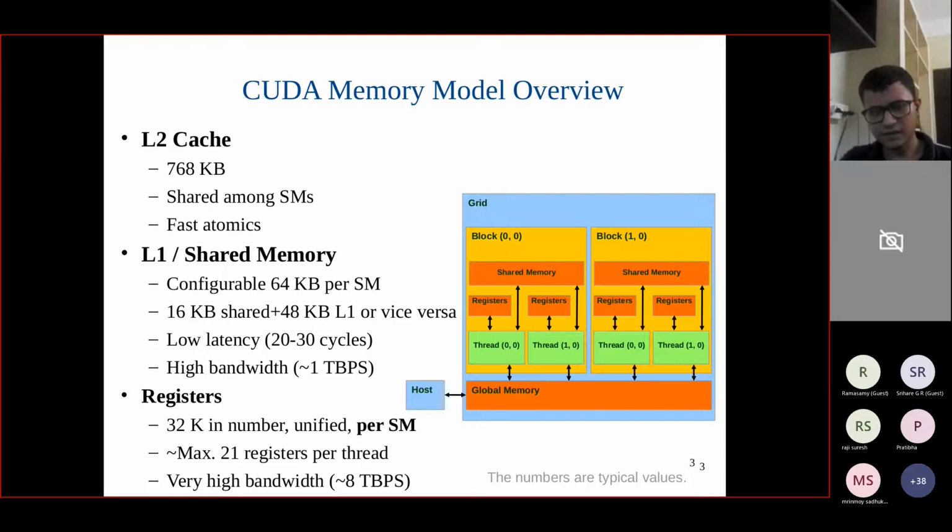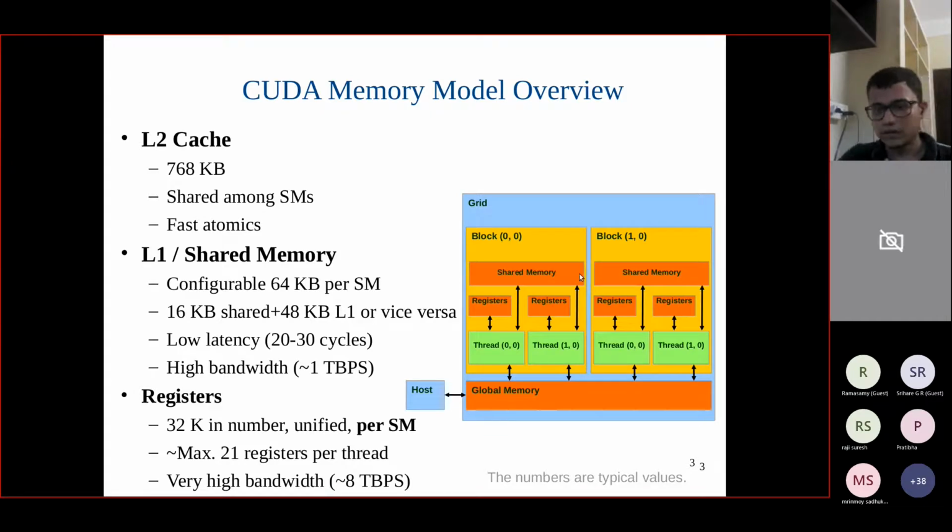Next thing is registers. But one thing I forgot to mention is that shared memory is per block. All the threads within one block will have common shared memory; it won't be common across all the threads. Sorry, it is per block, and it is shared across the threads of a particular block.